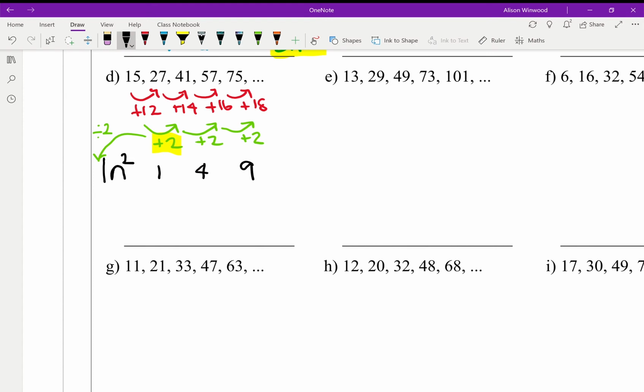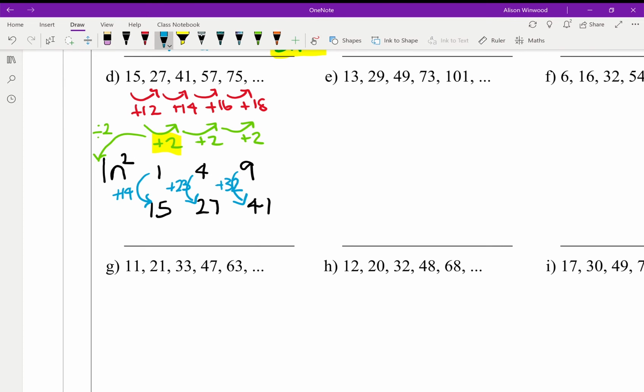Now the sequence we've been given is 15, 27, 41. So how do I get from my square numbers to my actual sequence? So 1 to 15 I add 14, 4 to 27 I'm adding 23, 9 to 41 I'm adding 32.